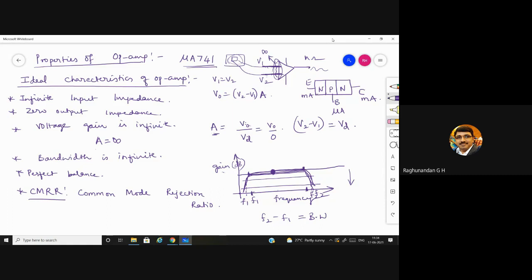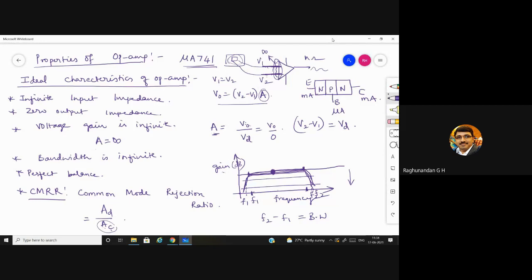Okay, in short, we define it as AD by AC. That is, it is the ratio of differential gain to common mode gain. Differential gain means the gain obtained by just considering the difference of V1 and V2, and that gain is AD, the differential gain. AC means common mode gain.